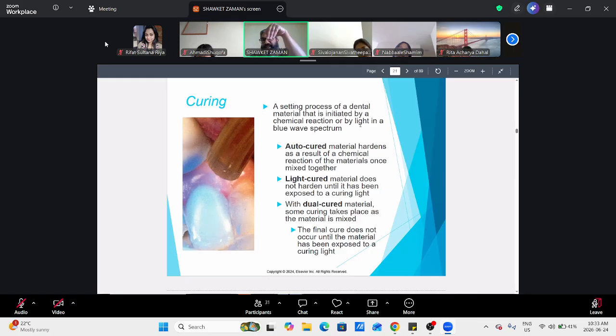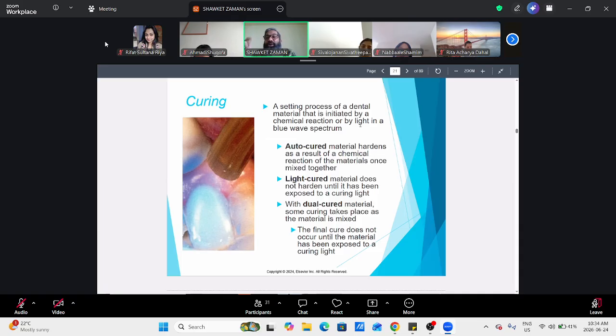This energy radiates down when you apply the light. This 420 to 460 nanometer energy is applied by the curing light, and that helps the materials to react together, to bond together. That is called light cure because it is cured by the light. If it is not cured by the light, it is just reacting by itself.